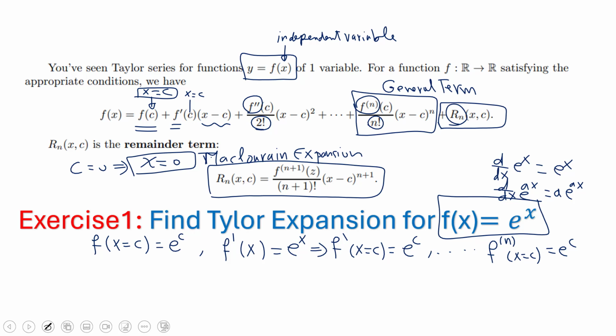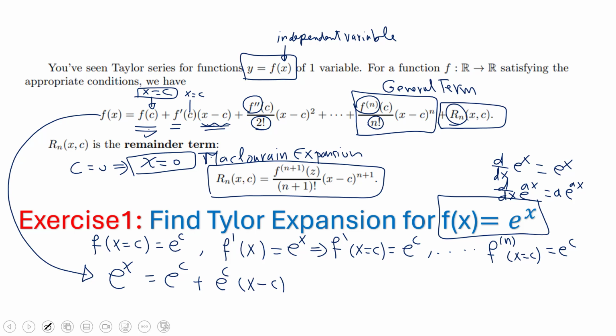Okay. Now, let's go and plug in the formula. Here is the formula, right? Your function is e to the x, equal to your function at x equal to c, the first term, e to the c, right? Plus f dash at c, which is also e to the c. This factor, leave it as it is, right? x minus c, right?